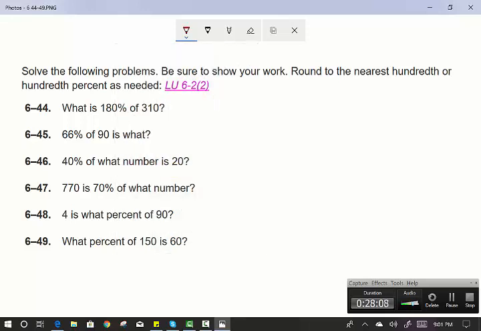Okay, solve the following problems. Be sure to show your work and round to the nearest hundredth or hundredth percent as needed. So on number 44, 180%, since it's associated with the percent sign, I'm going to make that the rate. The number that follows "percent of" is your base. So we're going to be solving for the part. Part is equal to base times rate.